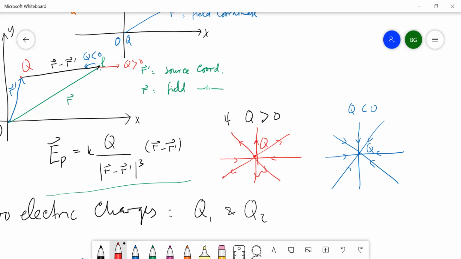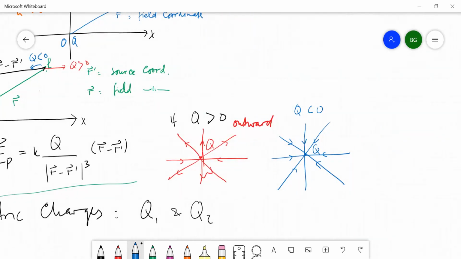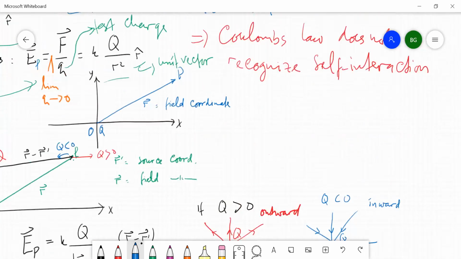And if the source charge is negative, the direction of the electric field is inward. Okay, this is called outward and inward. Any question?